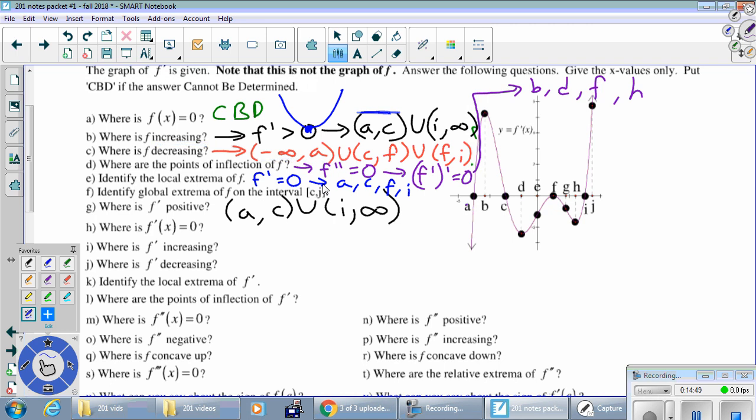It's a min. And then let's take a look at what happens near C. So F is increasing a little bit to the left of C and then decreasing a little bit to the right of C. Increasing to C, decreasing after, that means C is a local max. Let's take a look at what happens for F. A little bit to the left of F, the function F is a decreasing function.